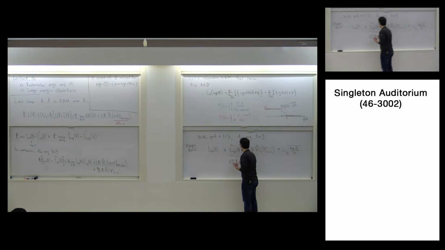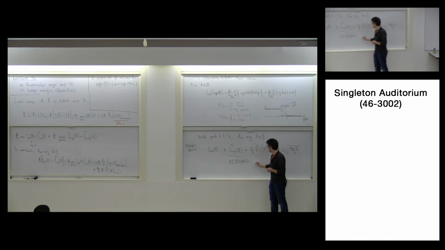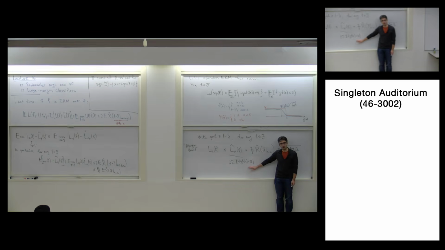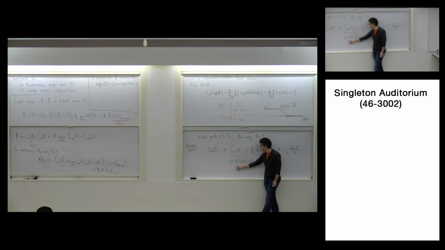The indicator that yi f of xi is less than gamma, which is exactly the proportion of margin mistakes that this function makes. If you've separated the data by a margin gamma, this term is 0.